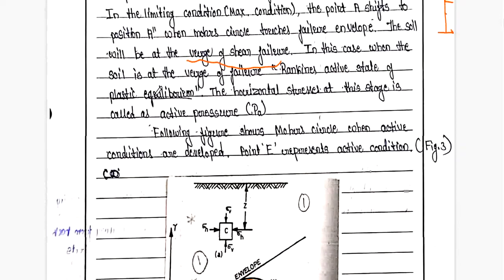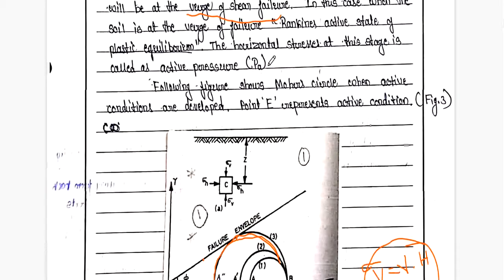That is called Rankine's active state of plastic equilibrium. The horizontal stress at this stage is called the active earth pressure.